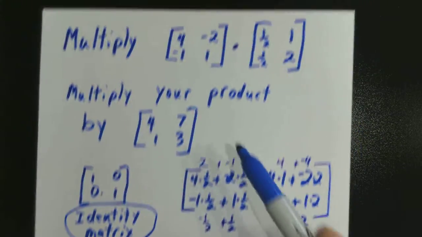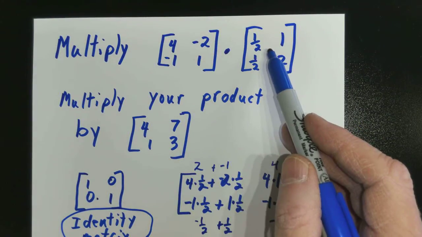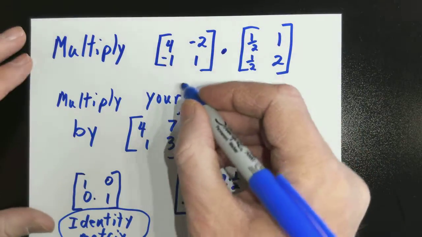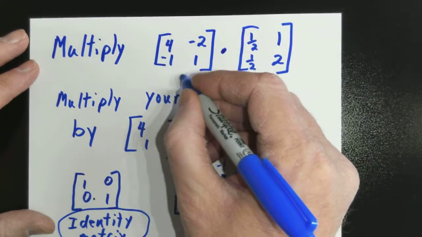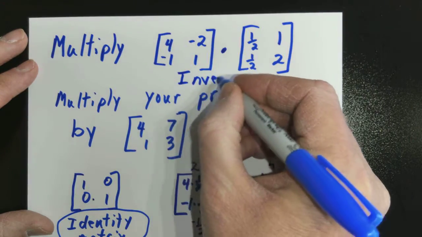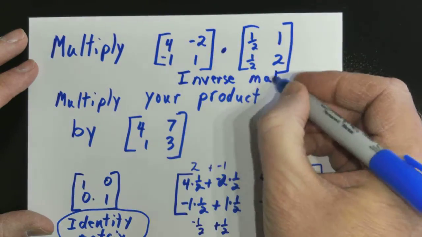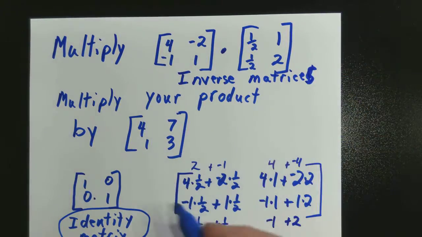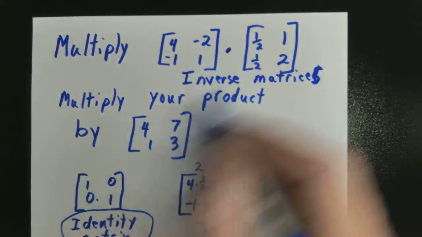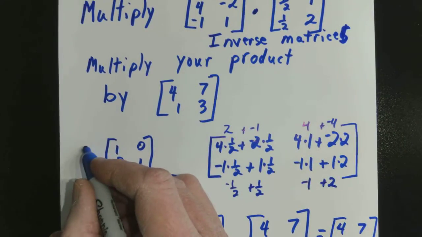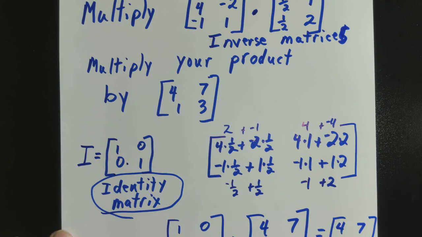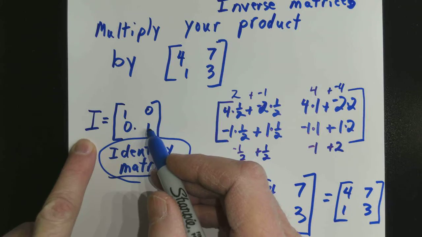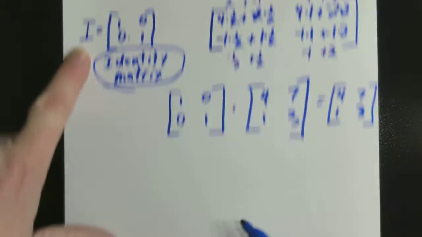Now, if you multiply two matrices and the product is the identity matrix, those are called inverse matrices. Let's just say the big letter I is used to represent the identity matrix instead of writing out the whole thing every time.